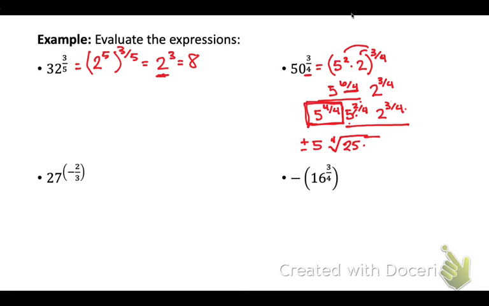I took care of the 4th root, right? And I have 2 to the 3rd, which is 8. So I probably can't leave it 25 times 8, can I? No. So plus or minus 5, the 4th root.